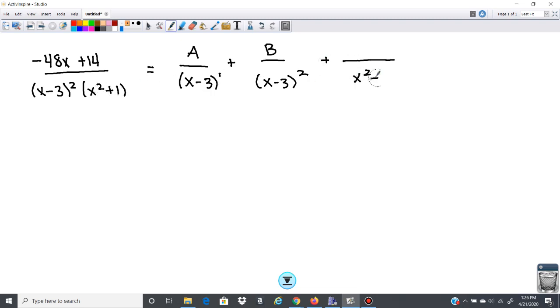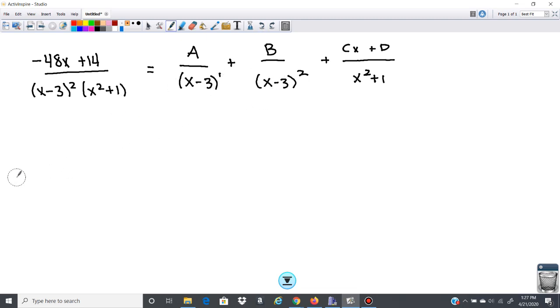When you have a quadratic in your denominator, you want to set this up with a linear, so this would be Cx plus D. Notice how this has a Bx to the 0 and then an x to the first. So this would be like having one degree down: x squared in the denominator, x to the first in the numerator. So that's why we want to do that. Let me just erase that so it doesn't get in our way. Okay, so this is how we're setting this up.